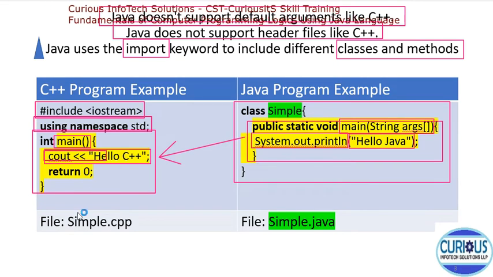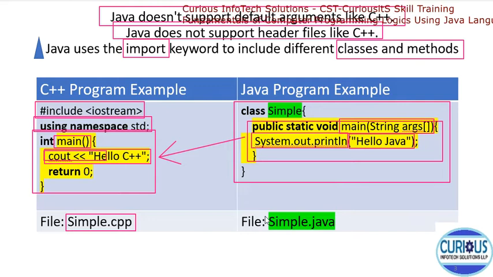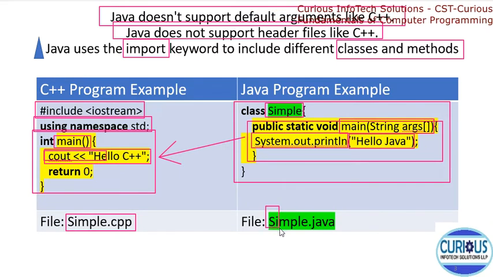Now here in C++ we are making a file named simple.cpp. Now here we are making a class named Simple. That's why we will use the source program as simple.java.